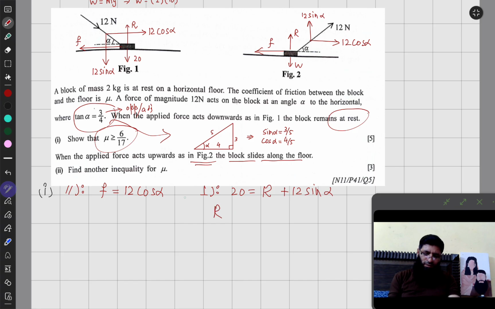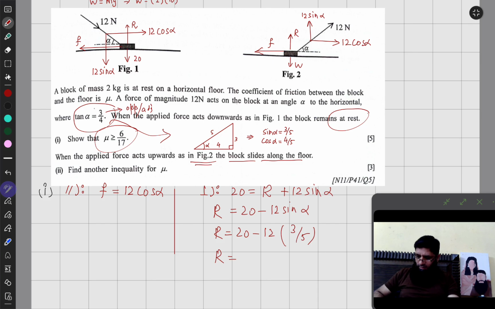So R will be equal to 20 minus 12 sine alpha, and you know that sine alpha is 3 by 5, so we can have R equal to 20 minus 12 times 3 by 5, so R will be 64 by 5.